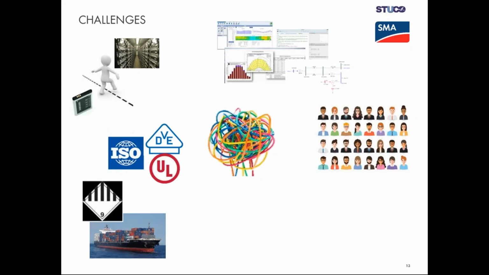In the end, it was a group of 72 colleagues just within SMA. We of course had suppliers and subcontractors, partners, and many, many more. Just for fun, I counted the nationalities, and it was people helping us from 22 countries.